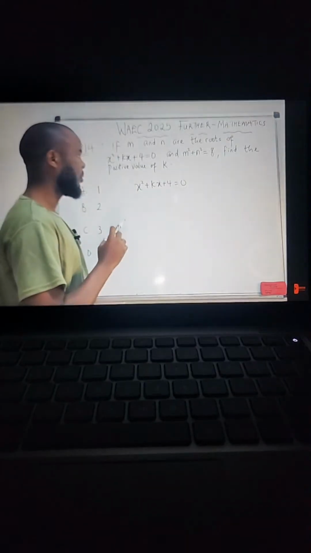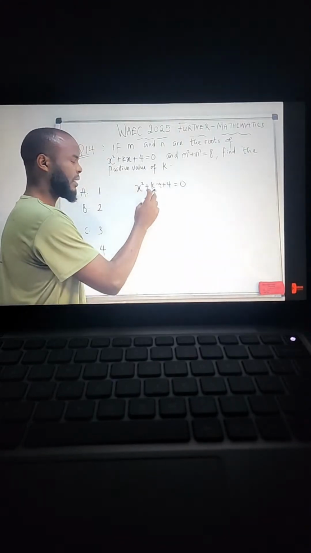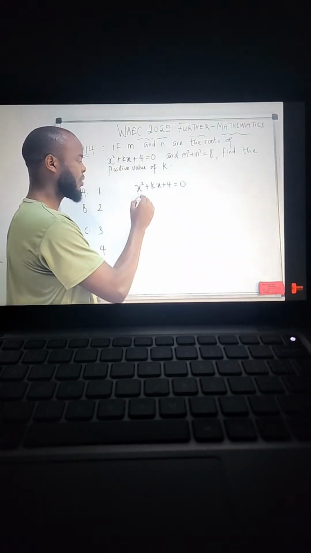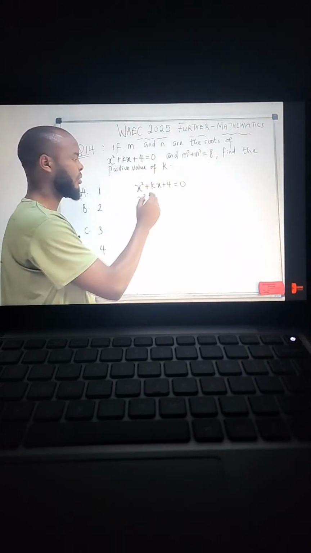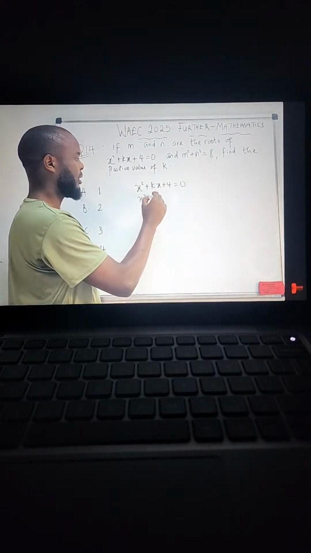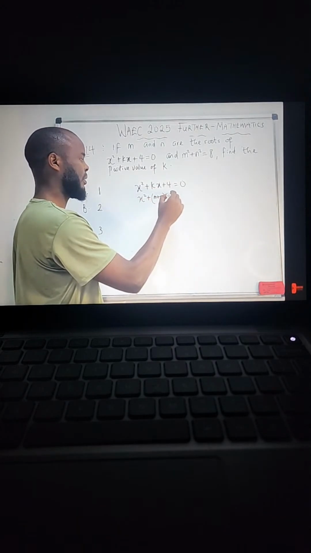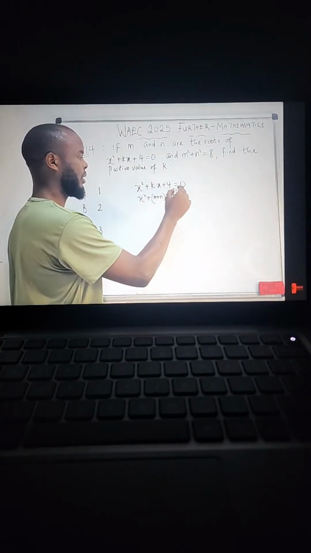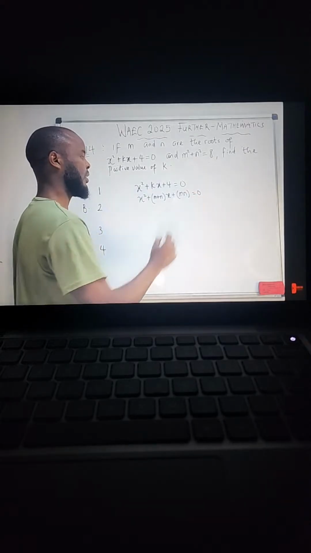Recall that when we talk about the roots of the equation, this is the same thing as saying x squared plus, since m and n are the roots, x squared minus (m plus n)x plus mn equals 0.